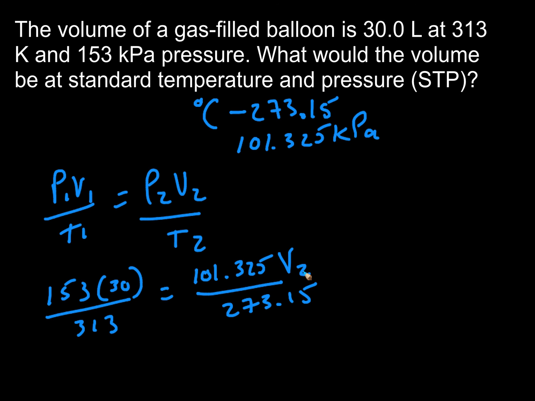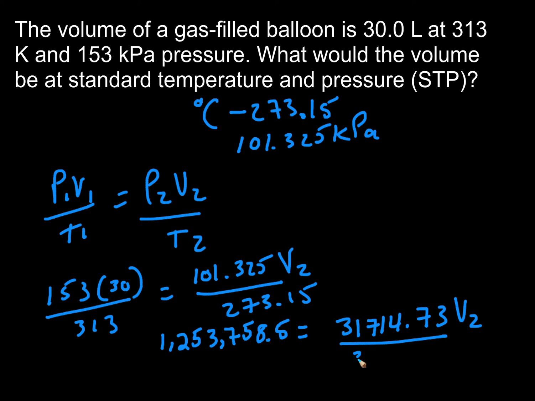And we get, let's see, 1,253,758.5 is equal to 101.325 times 313, and we get 31,714.73 V2.